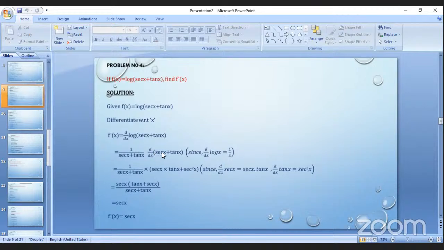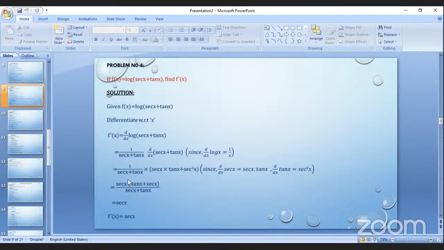You know the formulas. So we get secant x into tan x plus secant square x. Take secant x common here in the numerator.